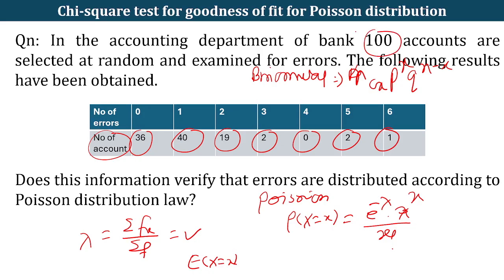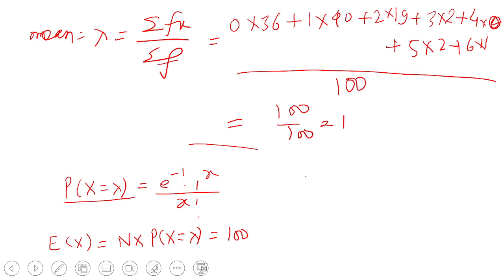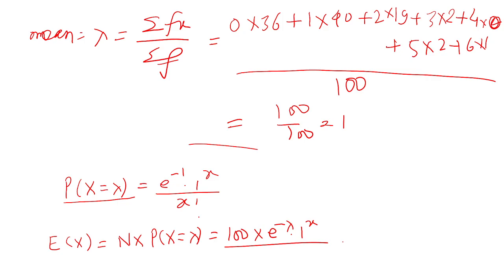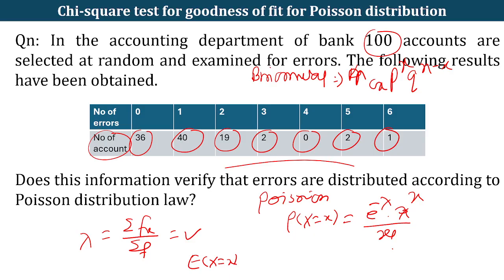So this is 100 into e to the power minus lambda into 1 to the power x, and 1 to the power anything will become 1 only, upon x factorial. Okay, so what will be the first value? First will be x is equal to 0. Is it?